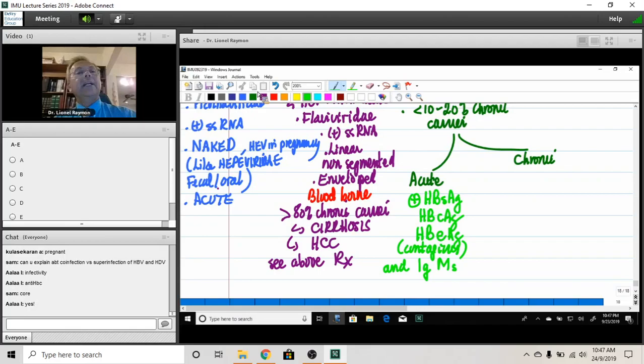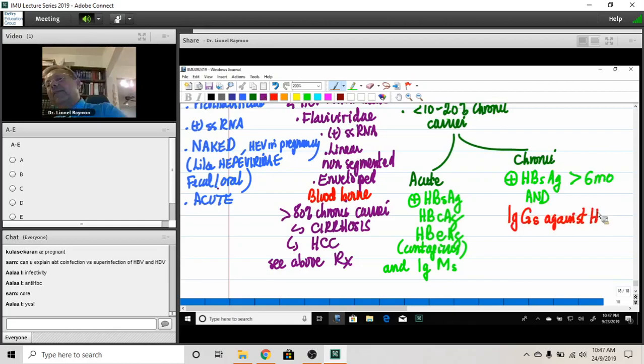And at the same time, this time you have IgGs instead of IgMs, and it'll be against HBc antigen and HBe antigen, but you don't find them against the surface antigen.